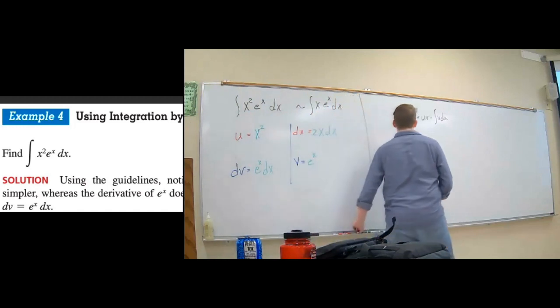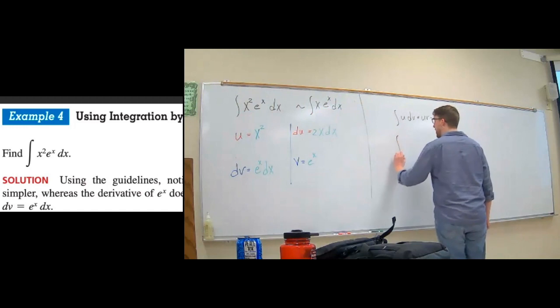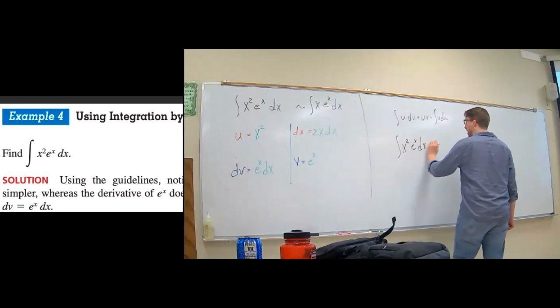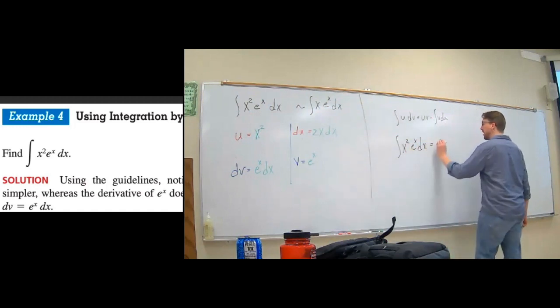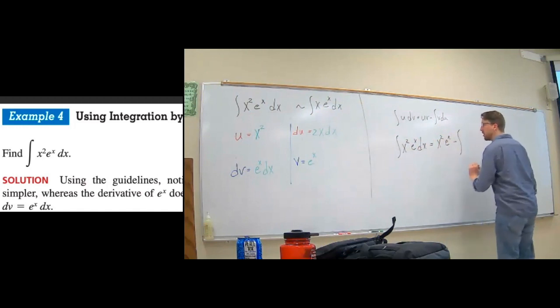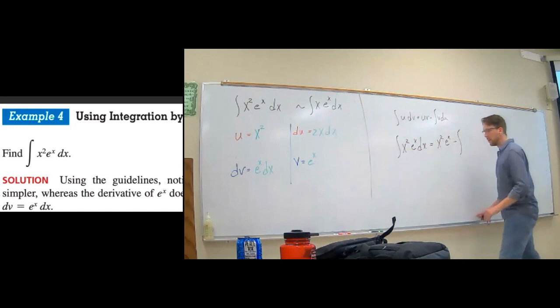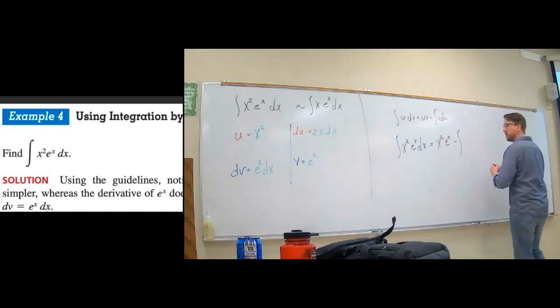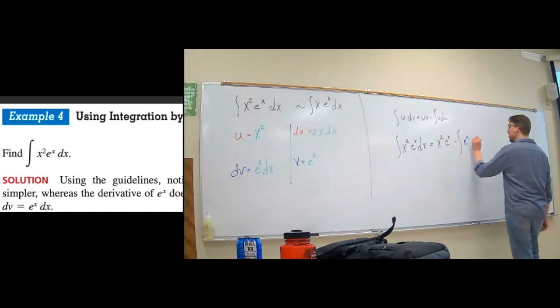So setting all of this up now, we've got the integral of x squared e to the x dx is equal to u, we just said is x squared, times v is e to the x, minus the integral of, well, v, again, is e to the x, and du is going to be 2x dx.